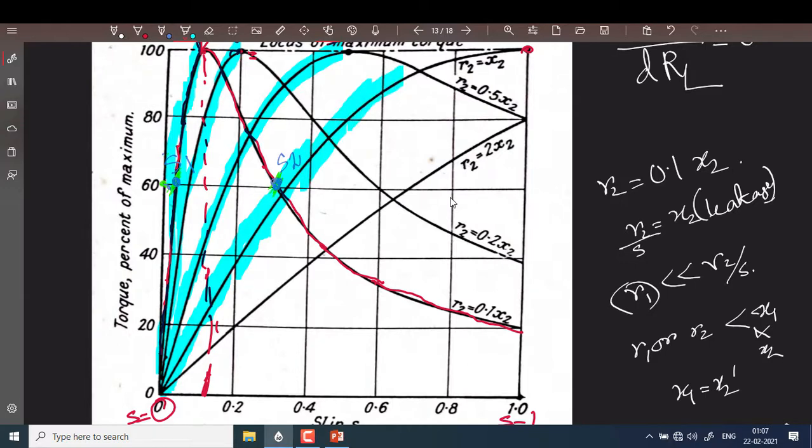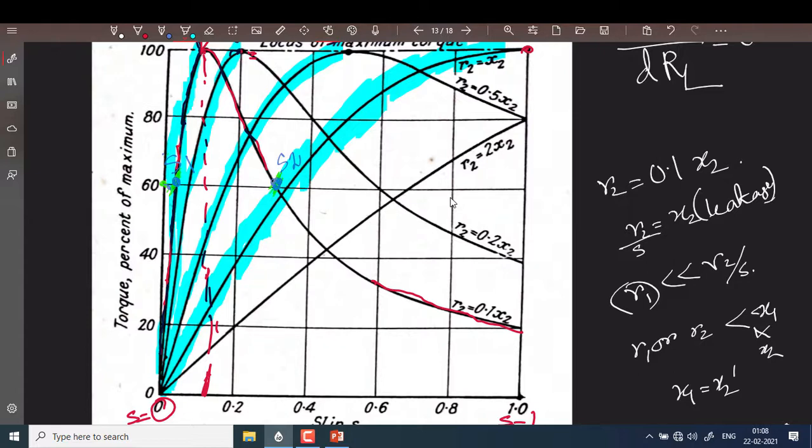Another important observation we can make is that although rotor resistance is not desirable and is harmful in terms of efficiency and machine heating, a high value of rotor resistance helps us to extend that stable operation region.